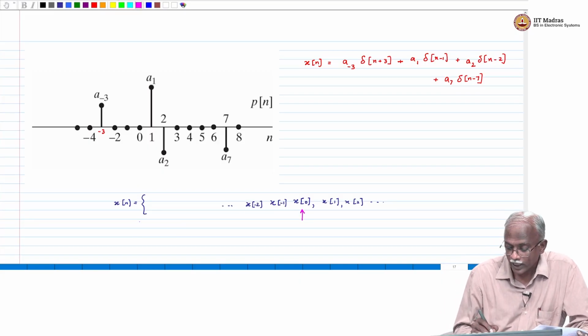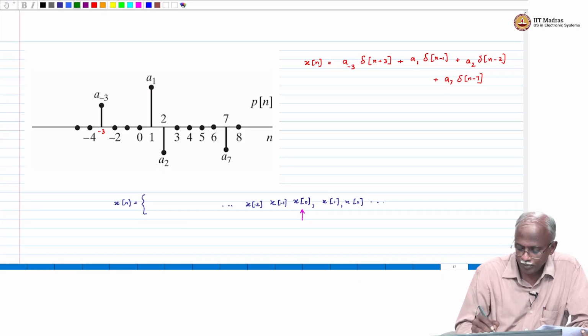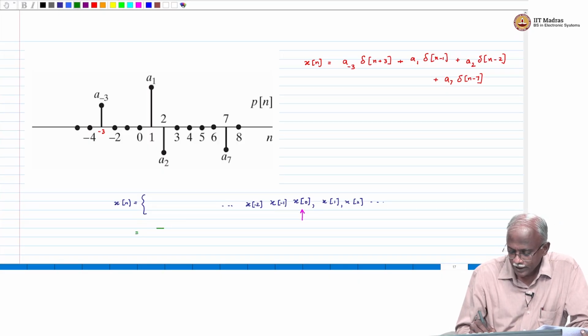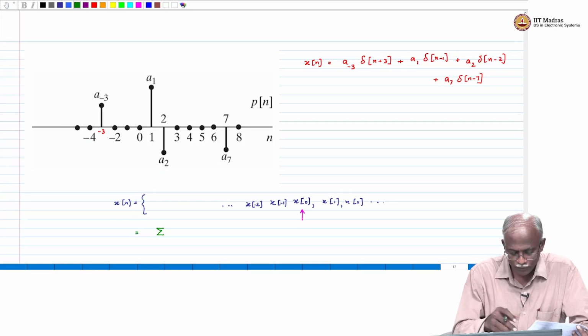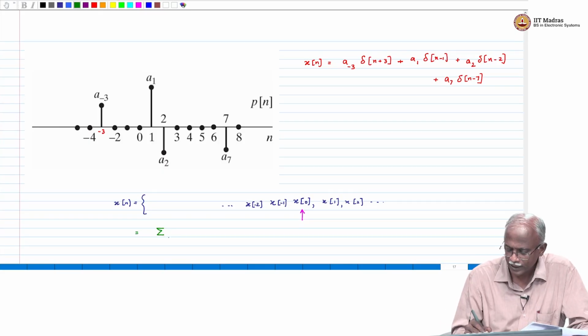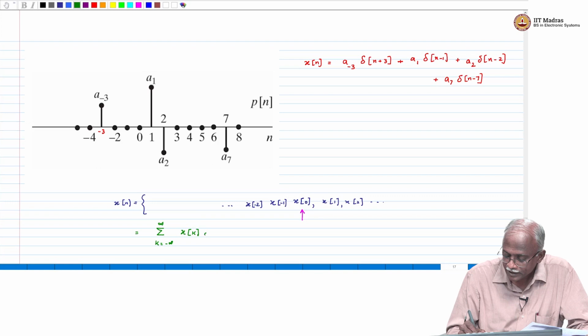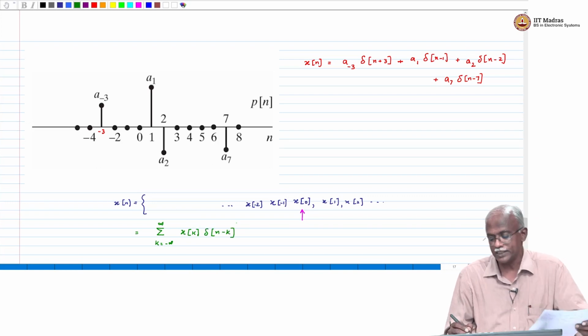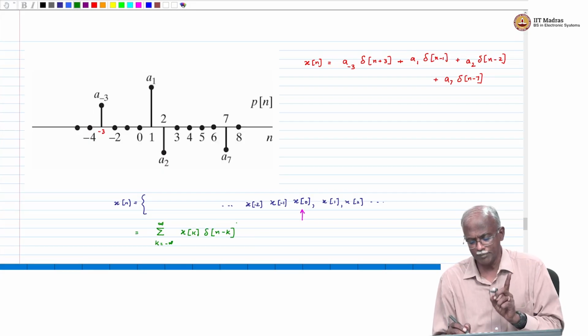You can also write it in a very compact form in the following way. You can say that it is a summation of these unit sample functions going from minus infinity to infinity, and at every position you have a scale factor which corresponds to the sequence value x of k, and this occurs at a position delta of n minus k.